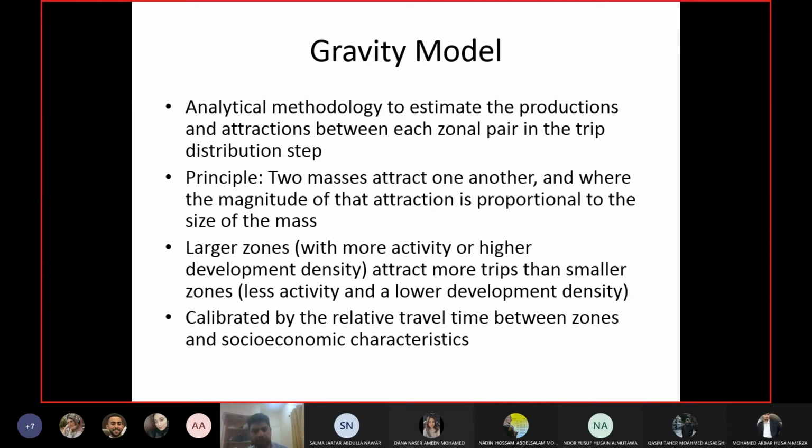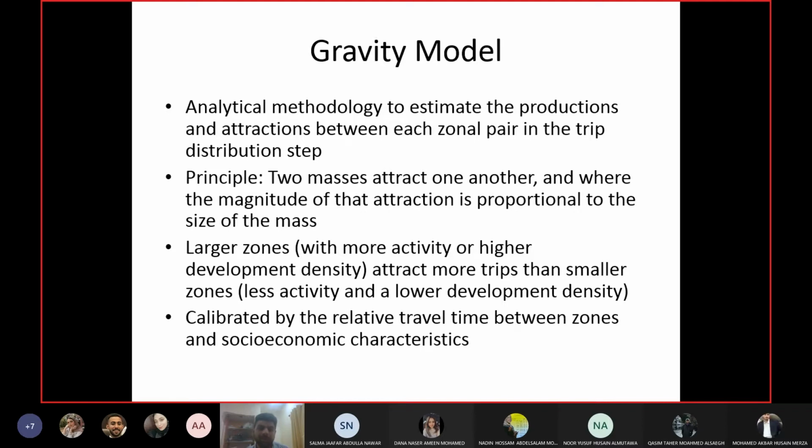So if a zone has more development and more activities, it will attract more trips than zones which are smaller, again smaller in terms of their development, density and activities. If a zone has less activities, it will attract fewer trips.